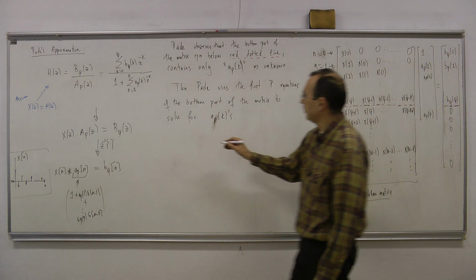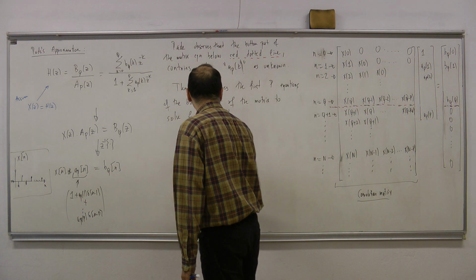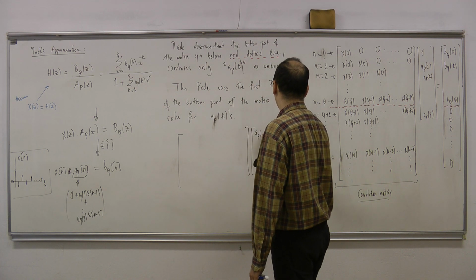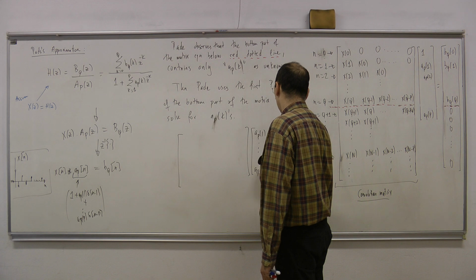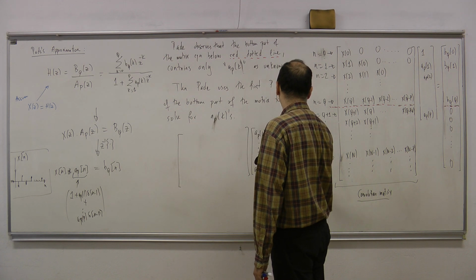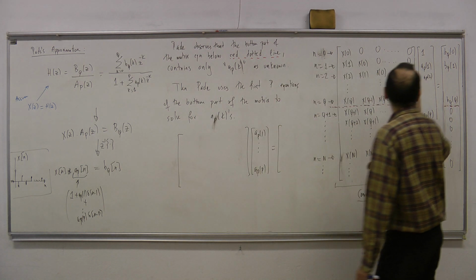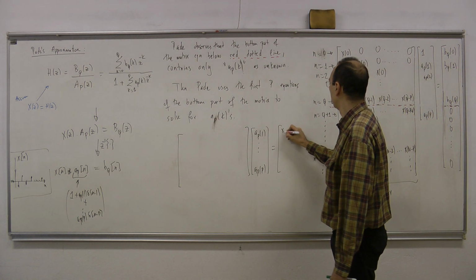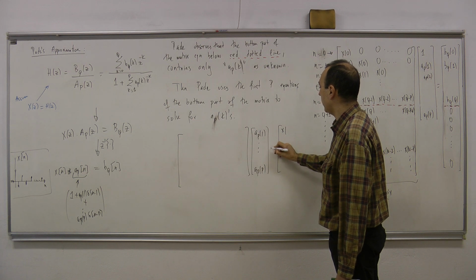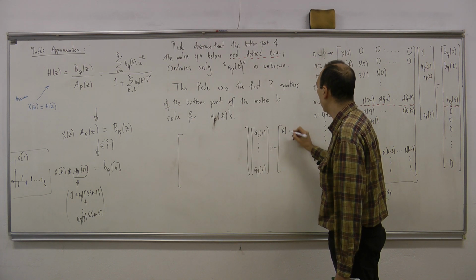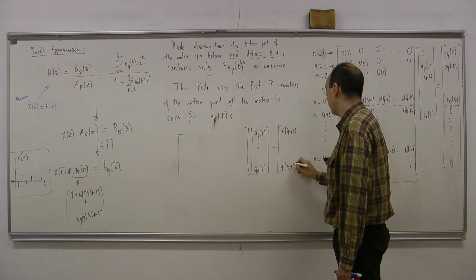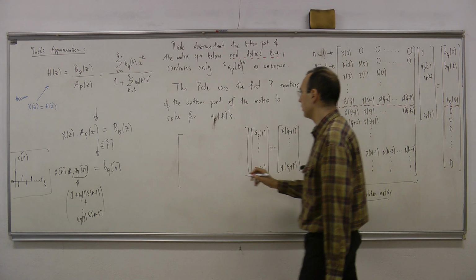Well, Pade does the following actually. Writes 1, a_1, ..., a_P. Okay, so the first column is multiplied by 1. This one, you move it to the other side with a minus sign over here, x[Q+1]. And you have P equations like that.